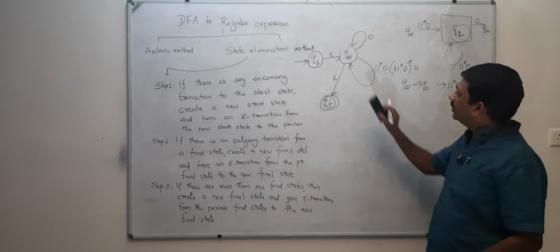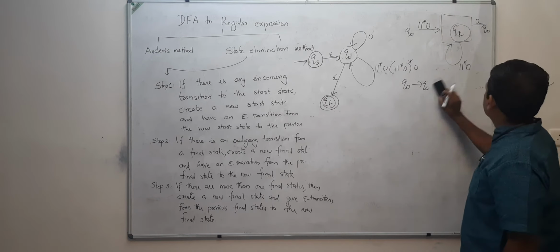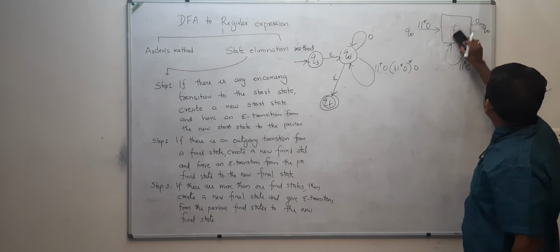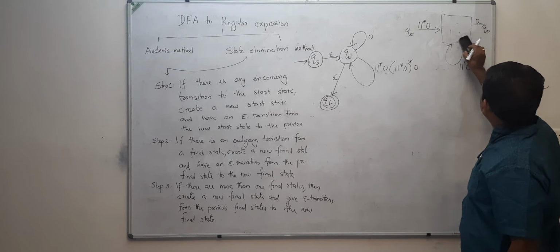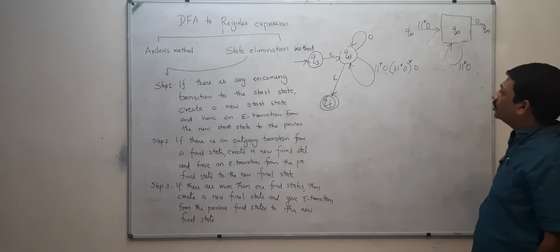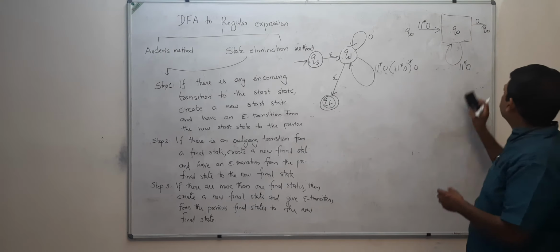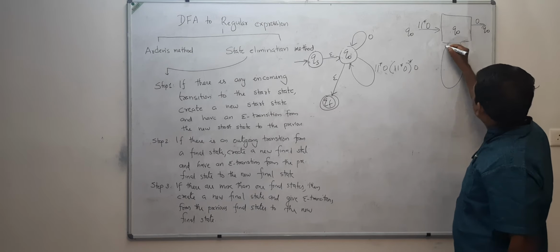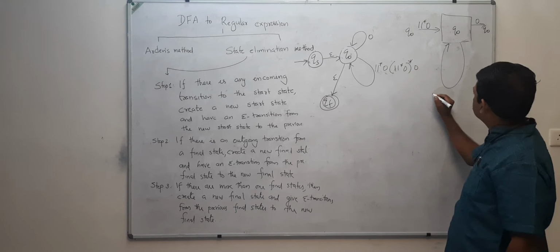Now, if you are eliminating this Q0, what will happen? Now, you are in a position to eliminate Q0. Q0 is the state you are going to eliminate. Here you have a self loop that is 0.